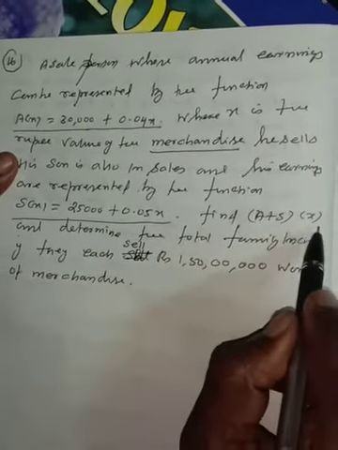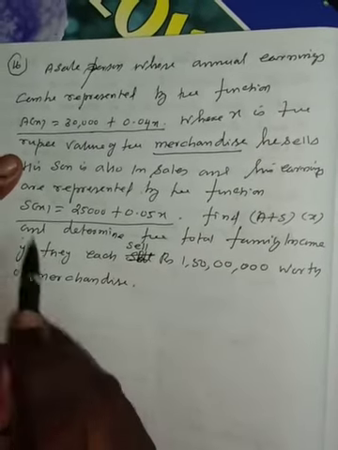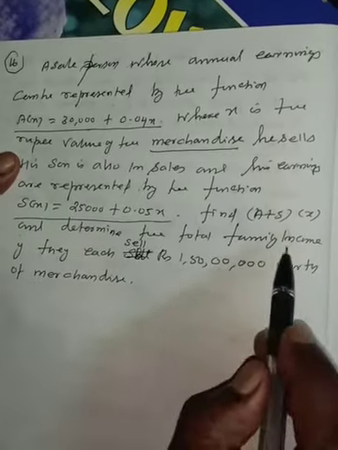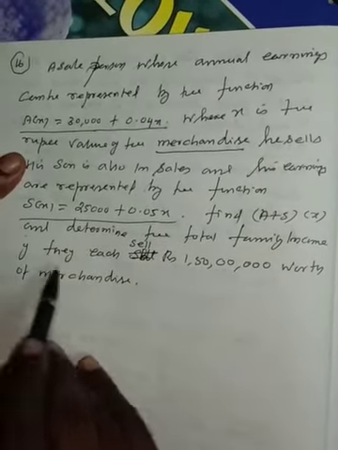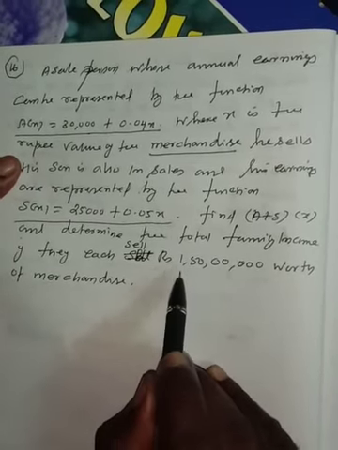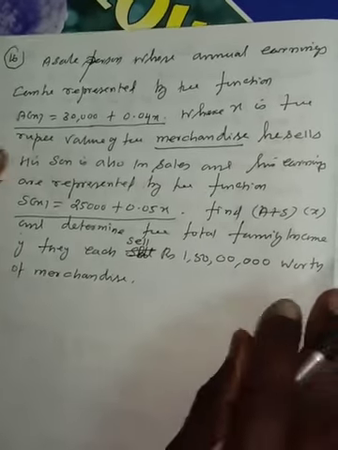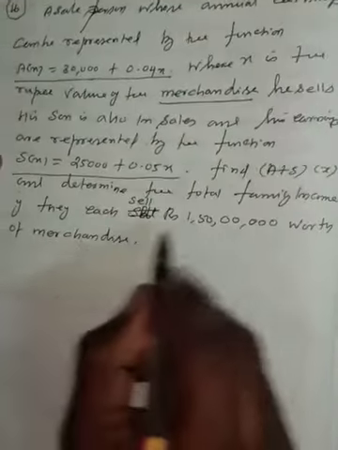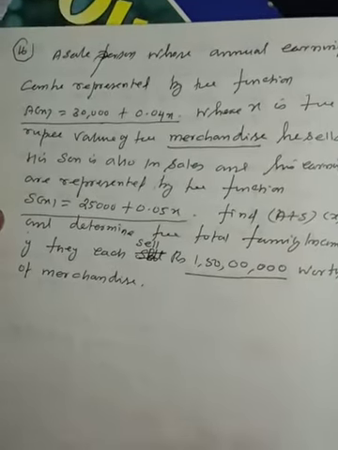Find a plus s of x and determine the total family income if they each sell rupees 1 crore 50 lakhs worth of merchandise. 1 crore 50 lakhs.